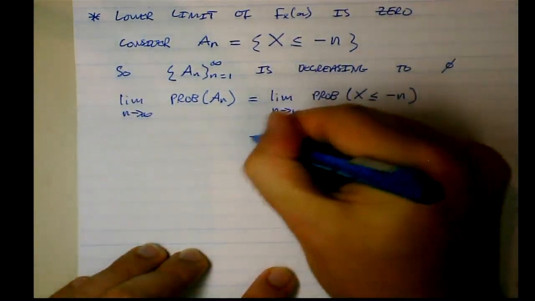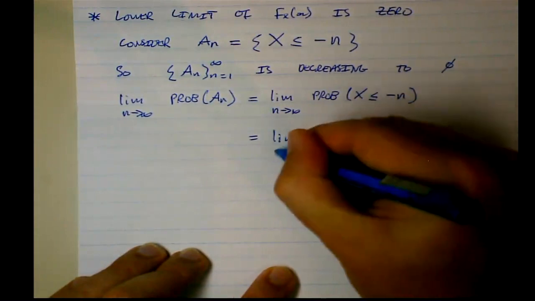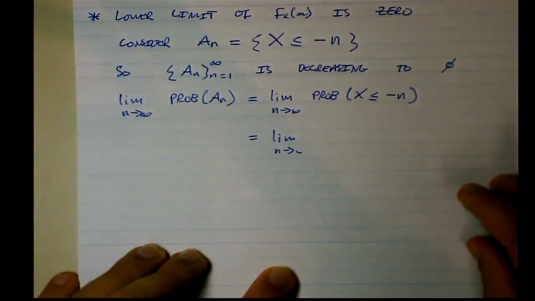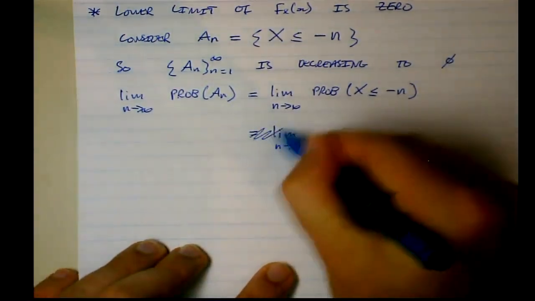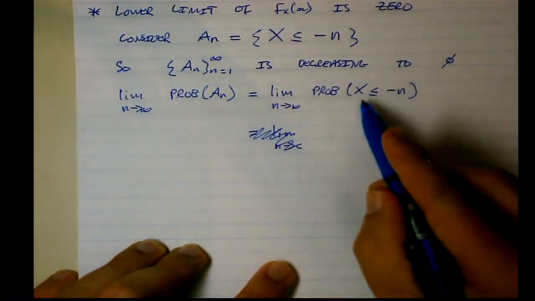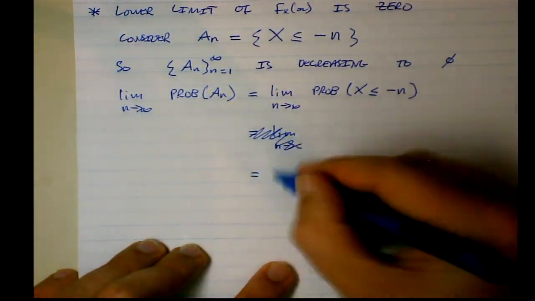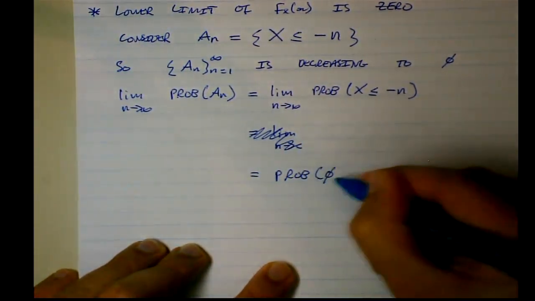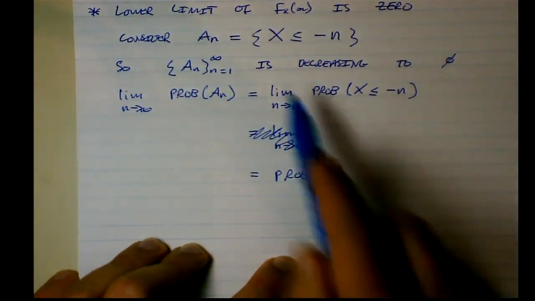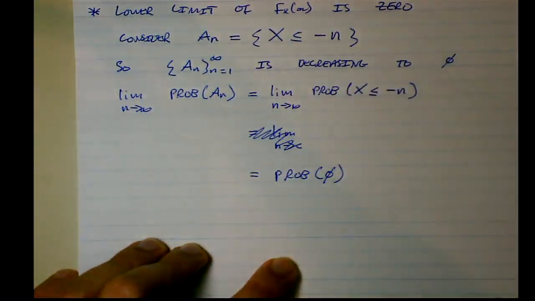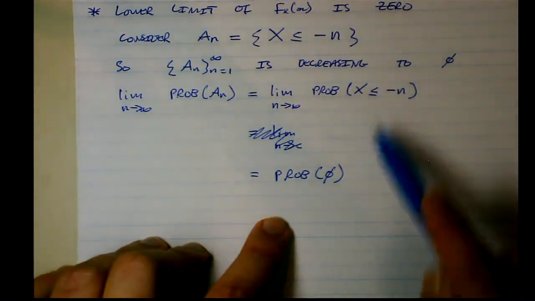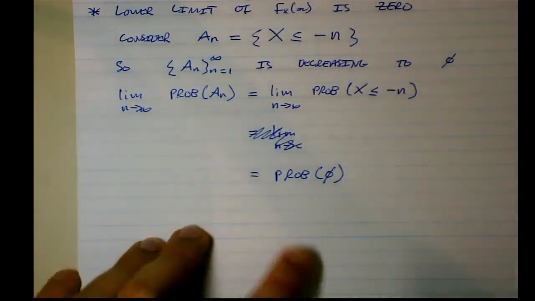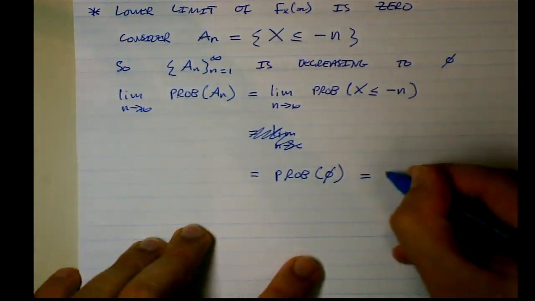So this is equal to the probability of the empty set, because our sequence is decreasing to the empty set. Going from there to there is using continuity of probability. And we have that that is 0.